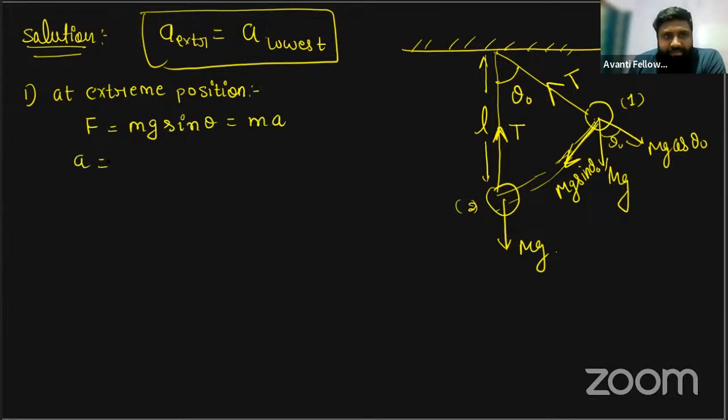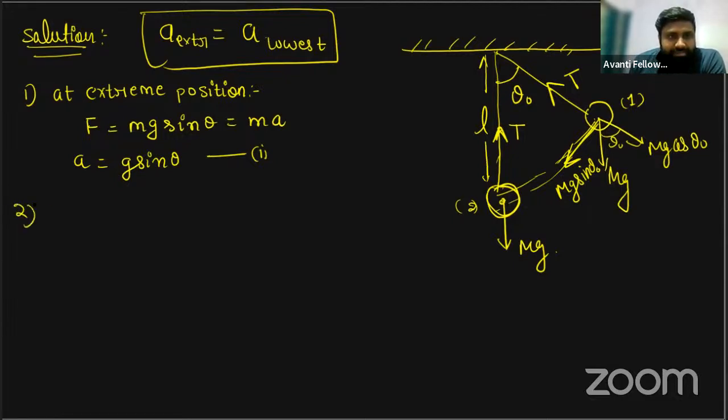So acceleration in this case is g sin theta. This is equation number 1. Now in the lowest position, there is no tangential component. If you try to resolve the mg, the tangential component will be at 90 degrees, which automatically results in 0. So there is no tangential component, which means here the acceleration comes directly from the centripetal acceleration.